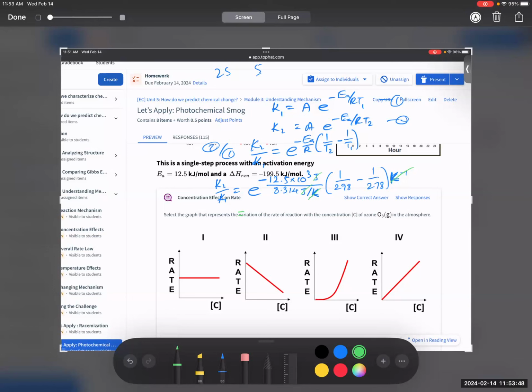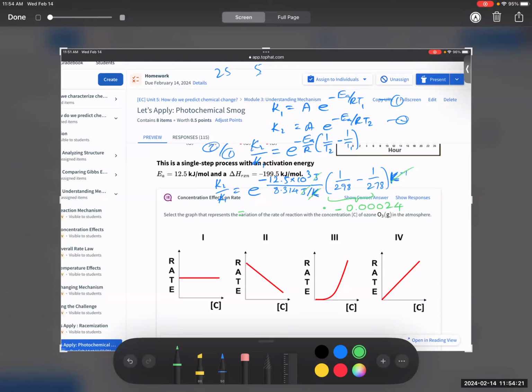That is going to be a negative number. I need to make sure that I get this right. 298 minus 278. Anyway, it is 0.00024. This time I'm going to use the normal notation, not scientific notation. This should be 24 because some of you might do this.